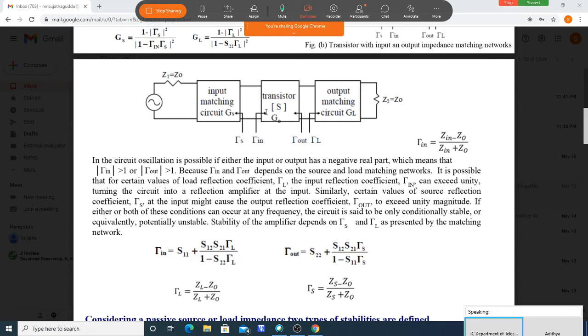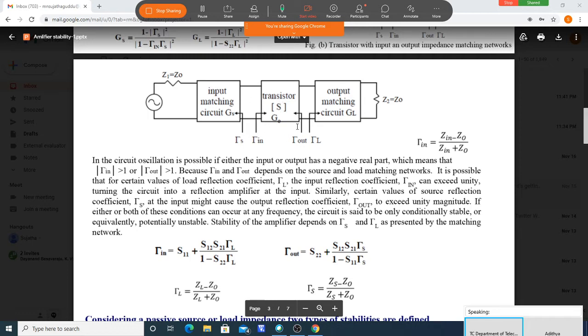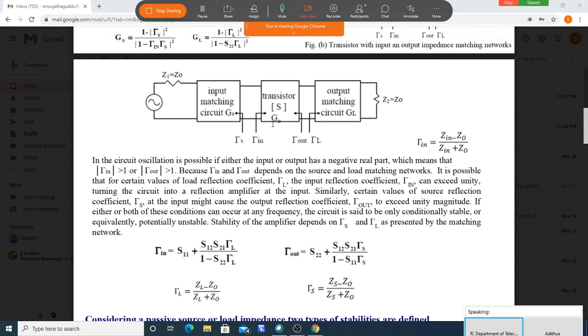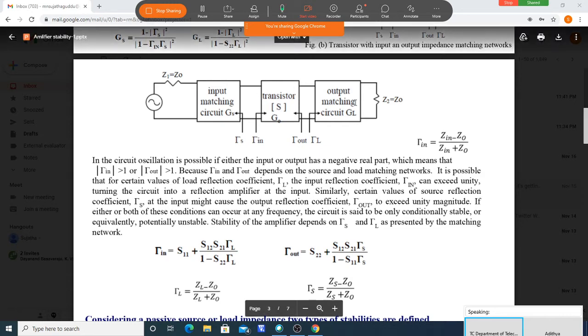Sometimes what happens is there is an oscillation. Instead of behaving like an amplifier, this network behaves like an oscillator. If that is the case, once tau in becomes greater than 1, then the system starts oscillating.